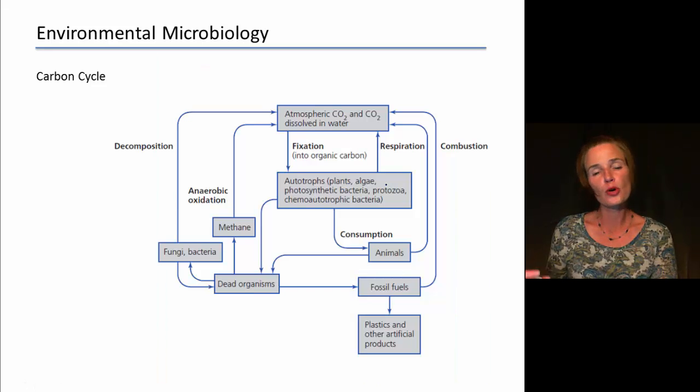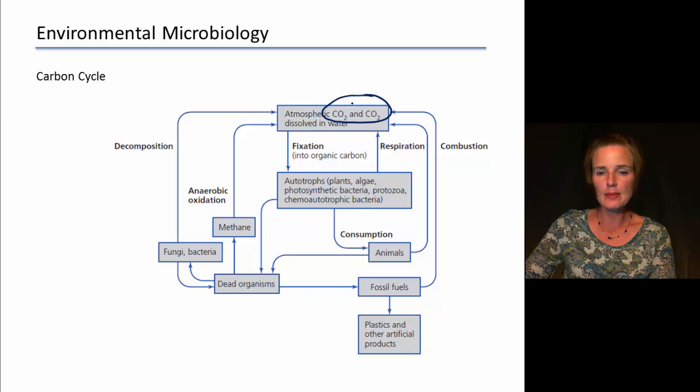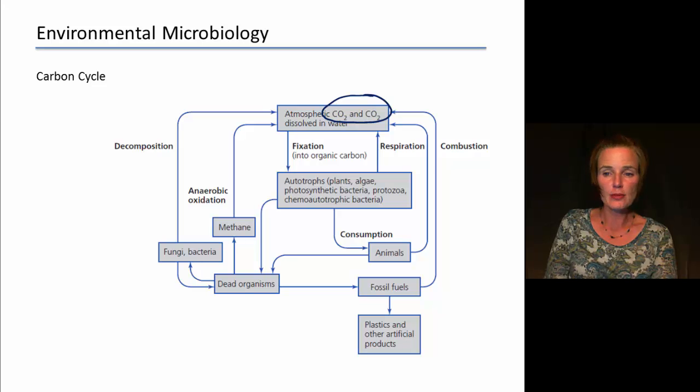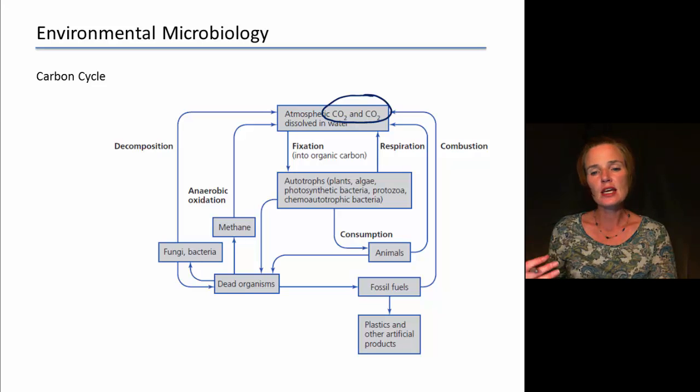Here's another, more elaborate look at the carbon cycle. We've got atmospheric carbon dioxide up here, and this atmospheric carbon dioxide is generated by a variety of processes. We mentioned respiration, so that would be the breakdown of carbon molecules by organisms, but it can also be produced through the process of combustion.